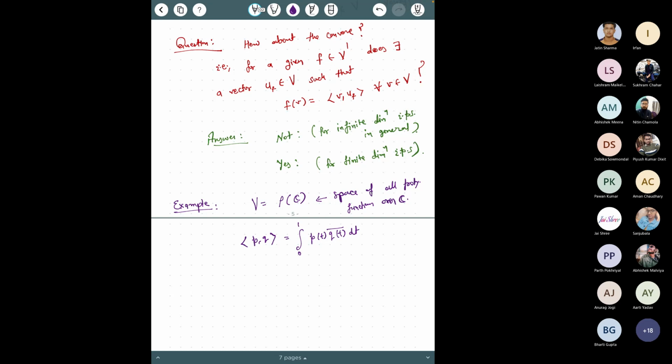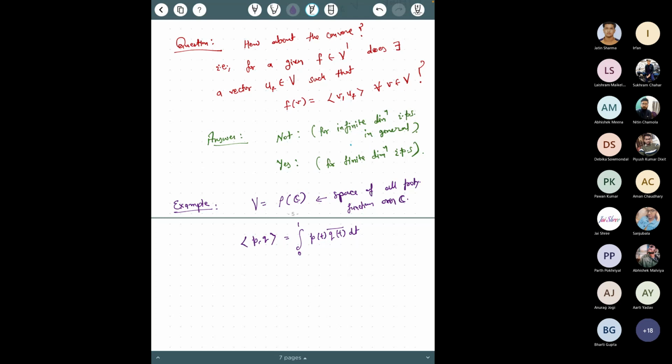So I want to say that this question is not true, or we cannot answer this for infinite dimension. If I want to say this, what do I need to show? There exists v such that f of v is not equal to the inner product of v with any u.